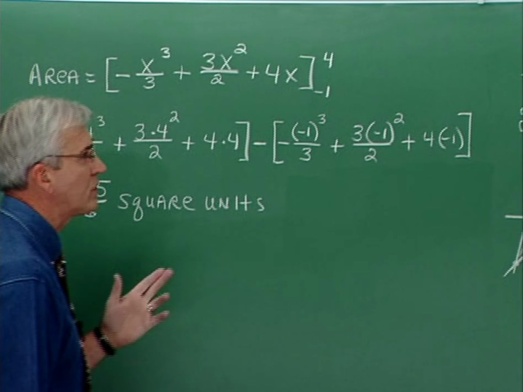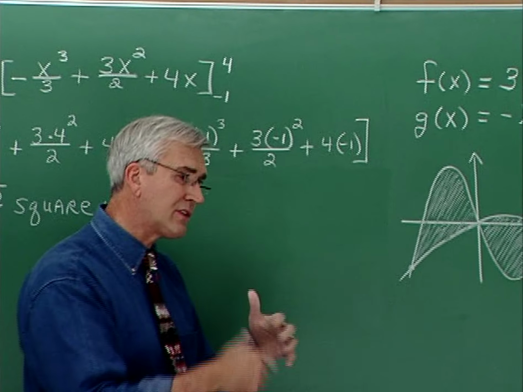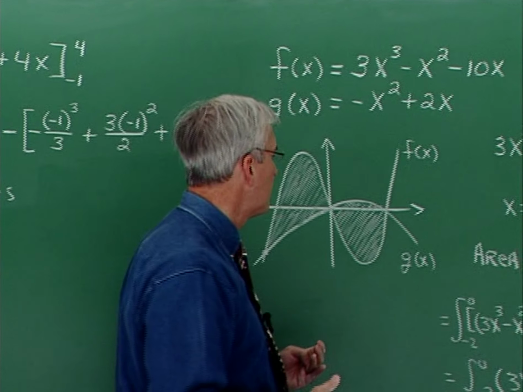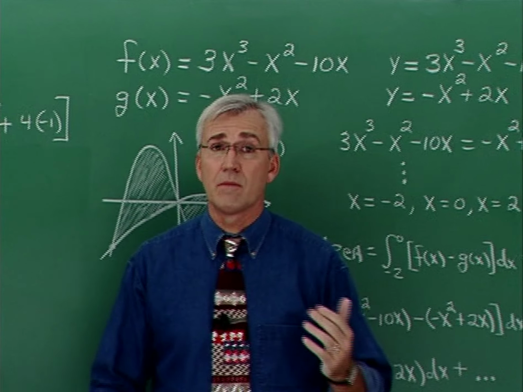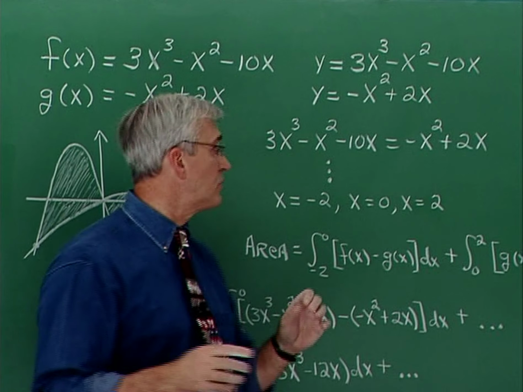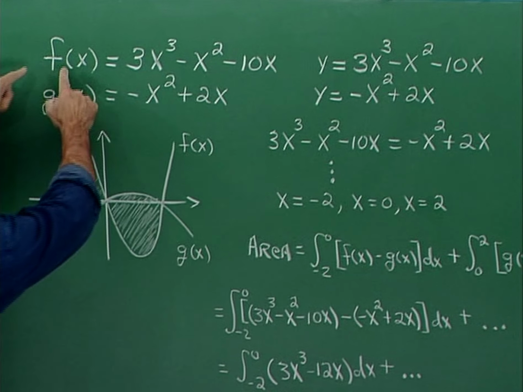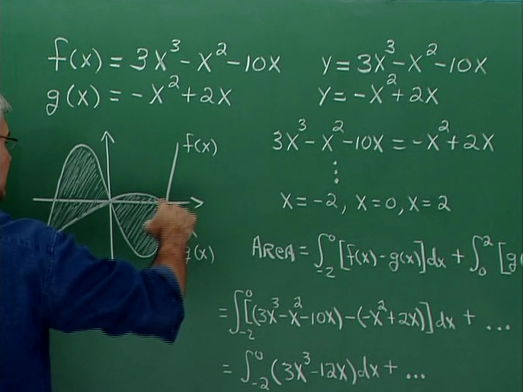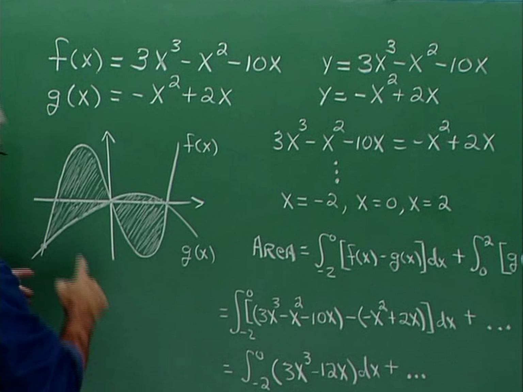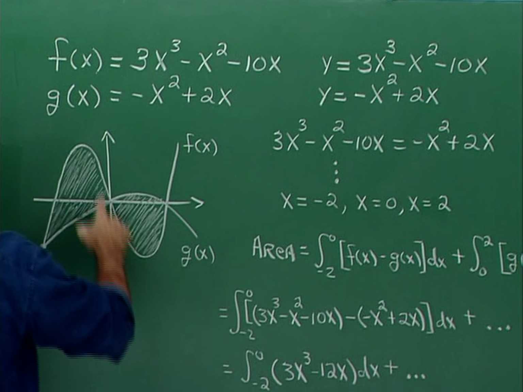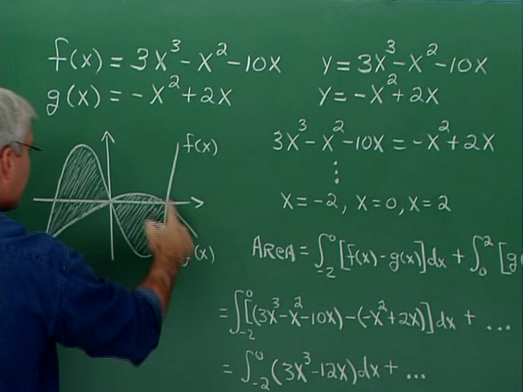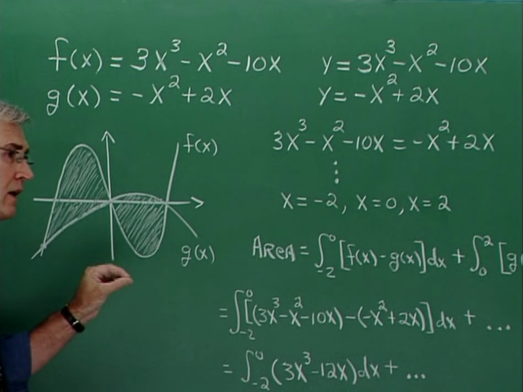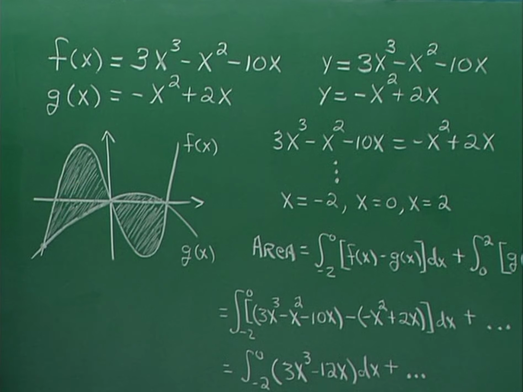Now here's an interesting problem, and we're marching along the same theme about this idea of area. But I want you to notice that we have an f function and a g function, and the f function and the g function are kind of curvy, especially the f function. So here's our f function, here's the g function, and we want the area between them.